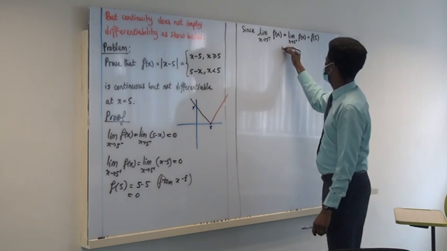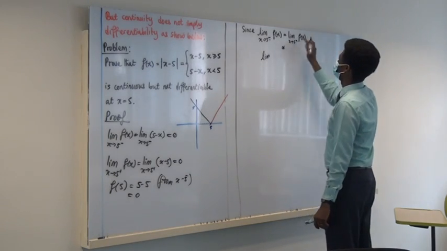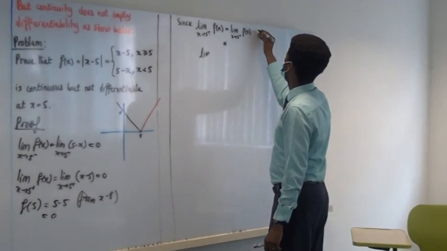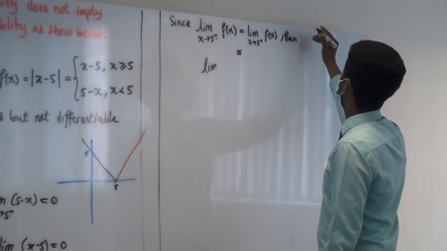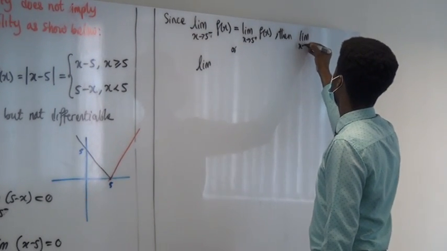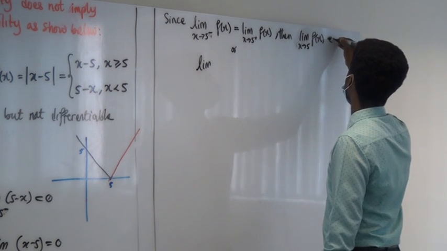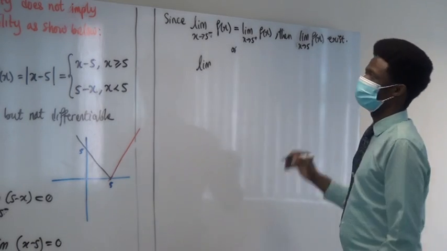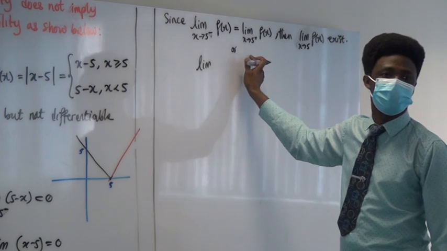If you don't want to write this, you can say, oh, this implies that the limits as x tends to 5 exists, because these two are the same.